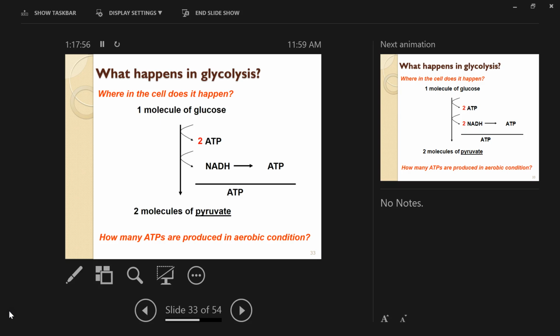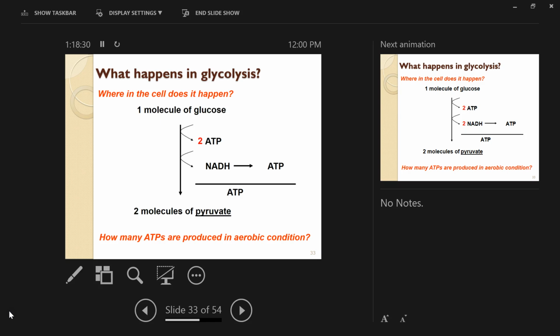Why? Thinking about glycolysis, we divide it into two stages. The first stage is the stage that consumes ATPs, so 2 ATPs are consumed during the first stage, and the second stage produces 4 ATPs. So net ATP will be 2.